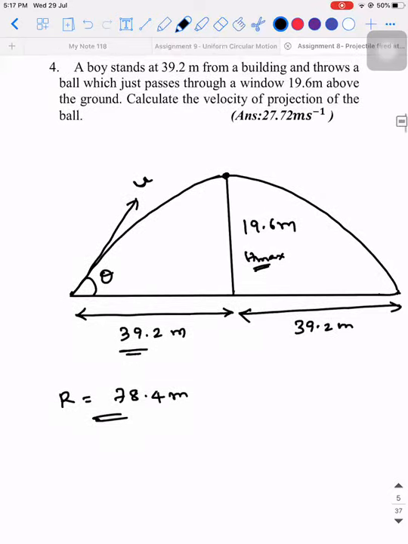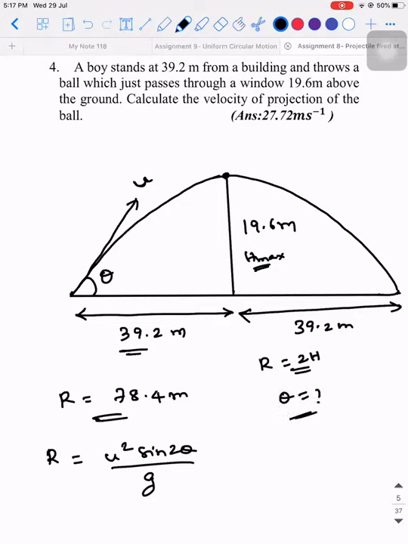So we can use R is equal to u square sine 2 theta divided by g. Now in this case, R is equal to 2h. Right? If R is equal to 2h, can you calculate the value of theta? We have done similar kinds of problems many times. 45 degrees.